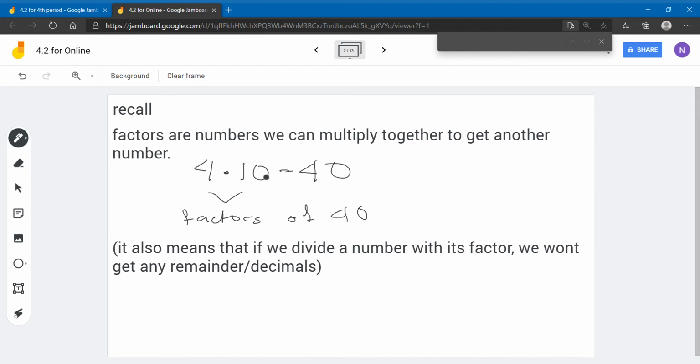So if we divide 40 by 4, we're not going to get any decimal or remainders. And that's true because our answer is going to be 10. And when we divide 40 by 10, because that's also a factor of 40, we'll get 4. As you can see, no remainders.